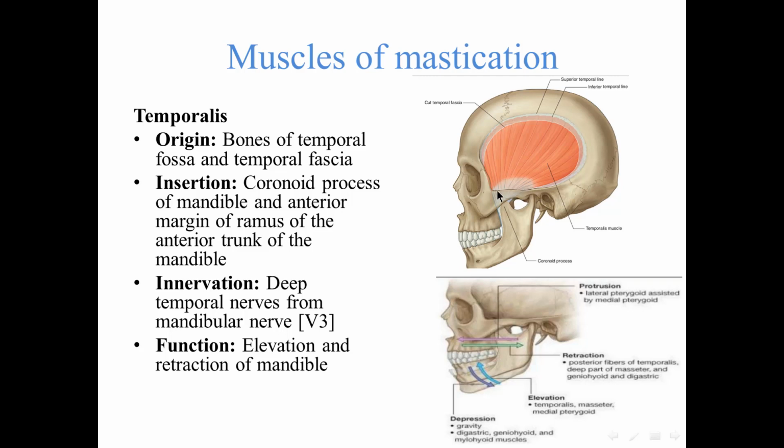The tendinous part of this muscle is attached to the medial surface, and also apex and anterior and posterior border of the coronoid process of the mandible, and to the anterior border of the mandibular ramus.